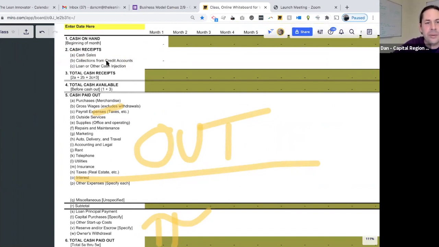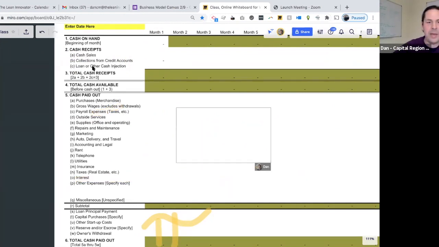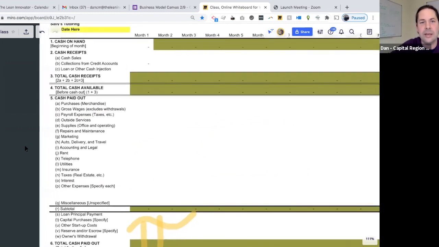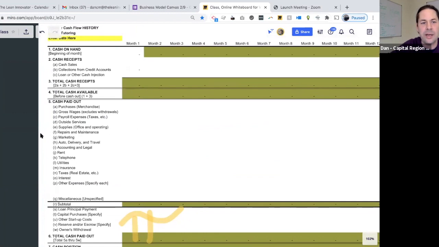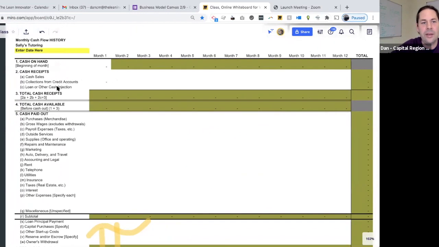You can get granular with that, or you could just call it cash sales, or whatever kind of category you want. And then over here, the categories for your expenses. Basically, the more you itemize, the easier it is to understand how things are being offset here. And so this is really what you got to get right. That's it. Just paying attention to the categories.